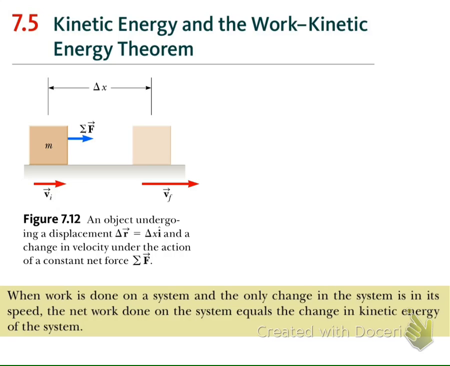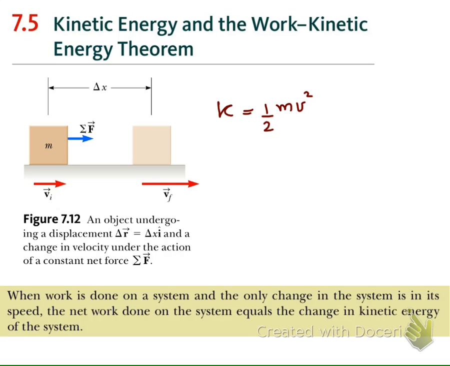By definition, the kinetic energy of an object with mass m moving with the velocity v is defined as K, which stands for the kinetic energy, is equal to half of mv square.